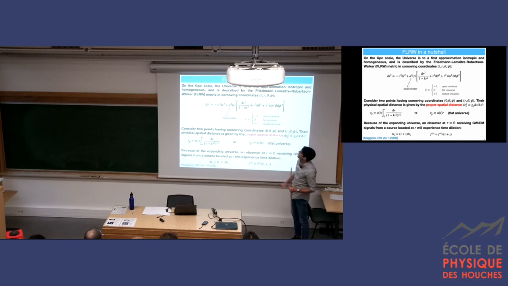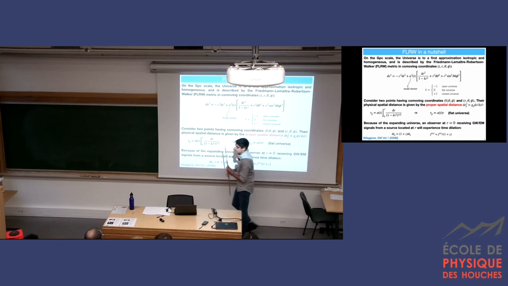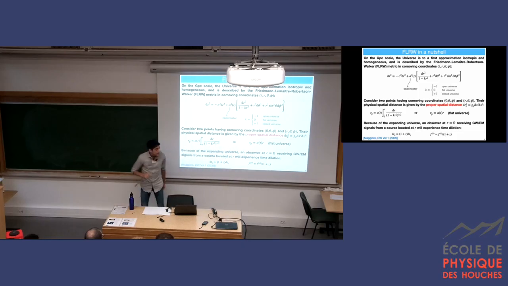Now I want you to consider 2 points. Imagine in this comoving coordinates frame, one I put at the origin, and the other at a radial distance r. So they share the same angles, theta and phi. And we can define a quantity which is called proper spatial distance, which is basically the physical spatial distance between these 2 points.